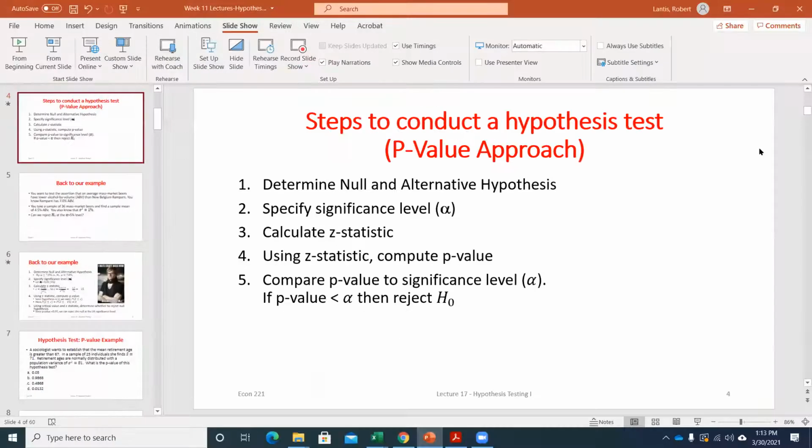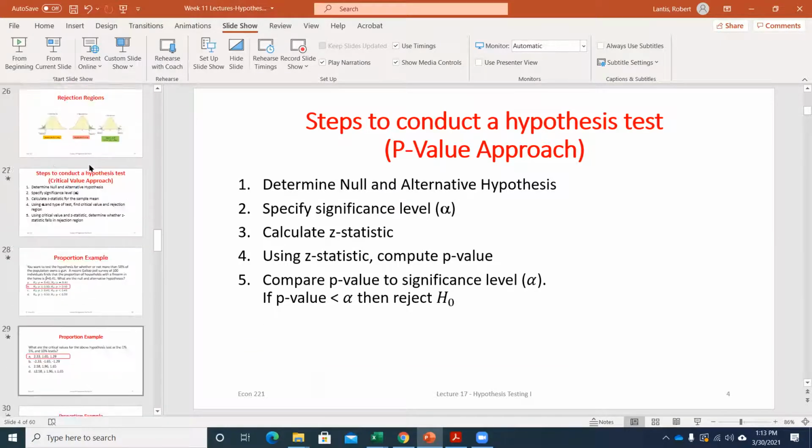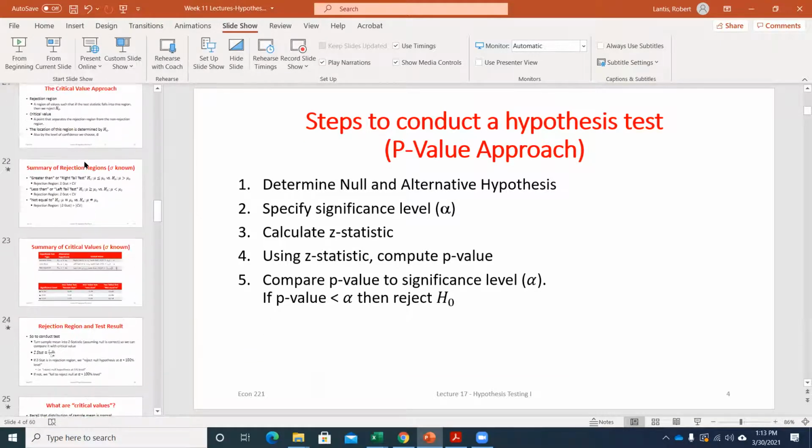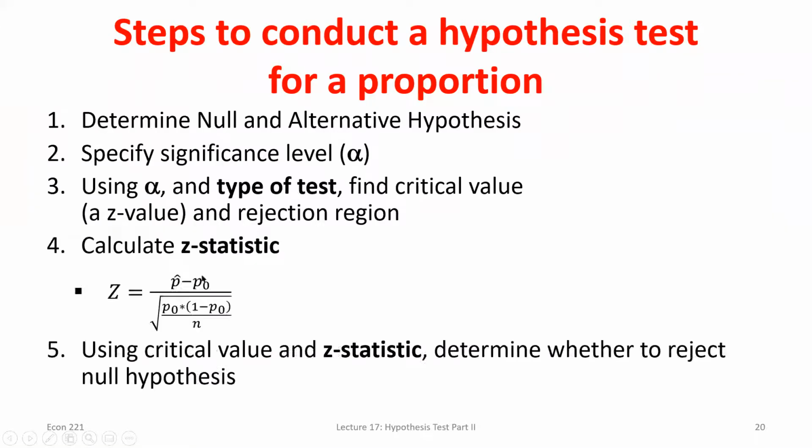Okay? So I don't have to give anybody a seizure as I'm scrolling through these. Where were we at? We were right here. So when we go to calculate that test statistic, it's going to look a little bit different than when we're looking at a population mean.